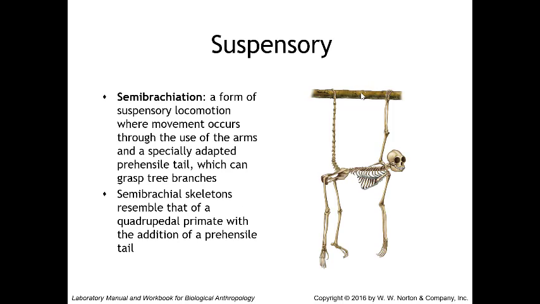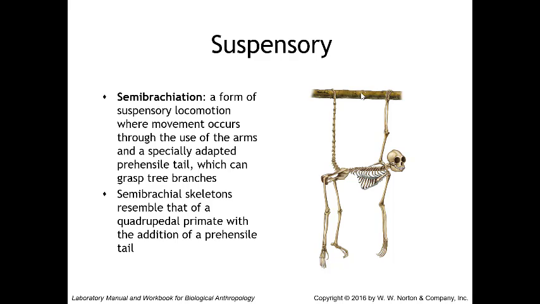Semi-brachiation is a form of suspensory locomotion where movement occurs through the use of the arms and a specially adapted prehensile tail, which can then grasp tree branches. So automatically, because I said prehensile tail, you should know that this is only in our New World monkeys, right? Semi-brachiation is not true brachiation because it does not involve arm over arm swinging.